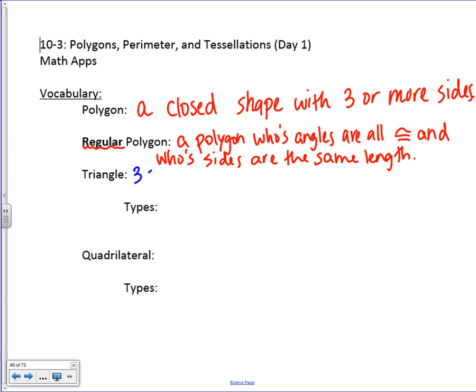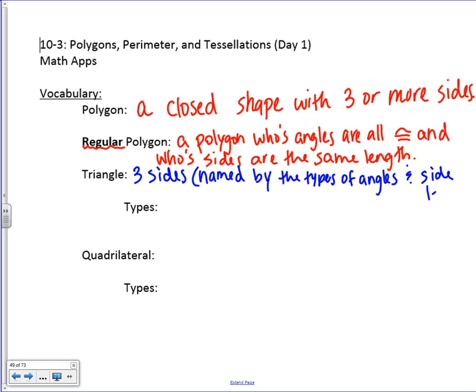A triangle has 3 sides, and it is named by the types of angles and side length. And we will go through those different types now. First, we have a scalene triangle.